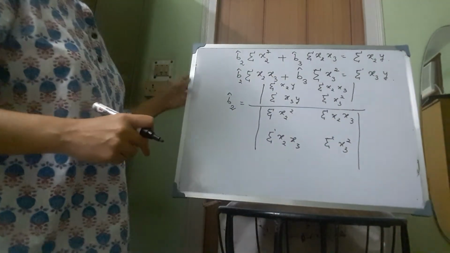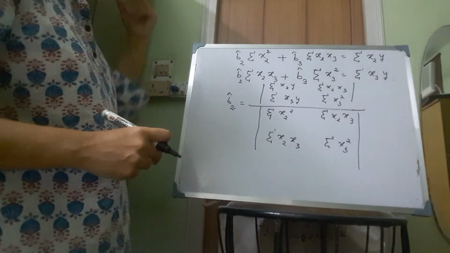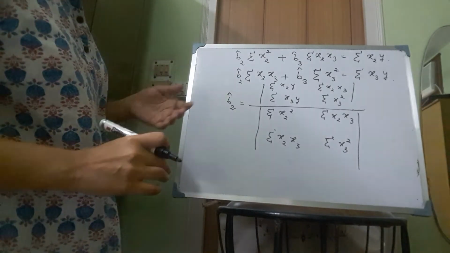So if we solve this, then we will get the value of beta 2 hat, and similarly we can get the value of beta 3 hat by applying the Cramer's rule.